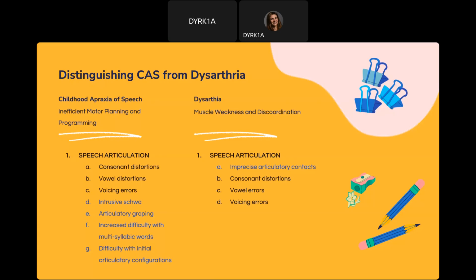S's might be fluffy, or a T might be where the tongue is coming out of the mouth due to improper resting tongue posture. So any proper consonant, but it's distorted. Vowels are distorted. It's between 2 vowels. We can't really figure out if it's an a or eh. It's kind of in between.